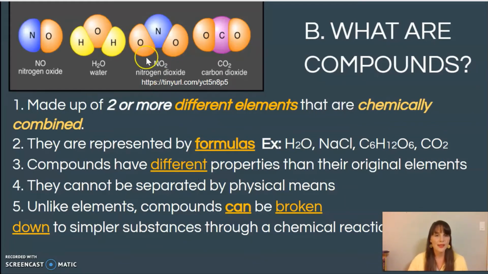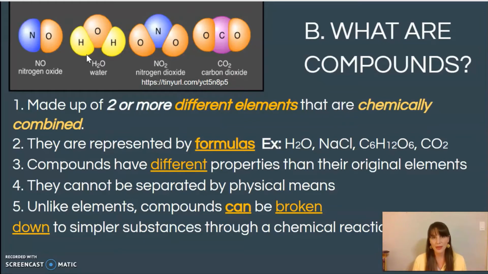If we think about hydrogen and oxygen, those two things are both gases, right? But H2O is water. It's a different compound. It has different properties than the two original elements that make it up. So that's a key idea: compounds have different properties than their original elements.